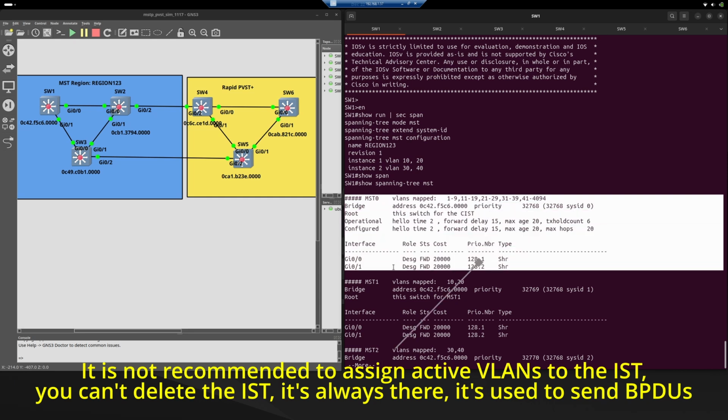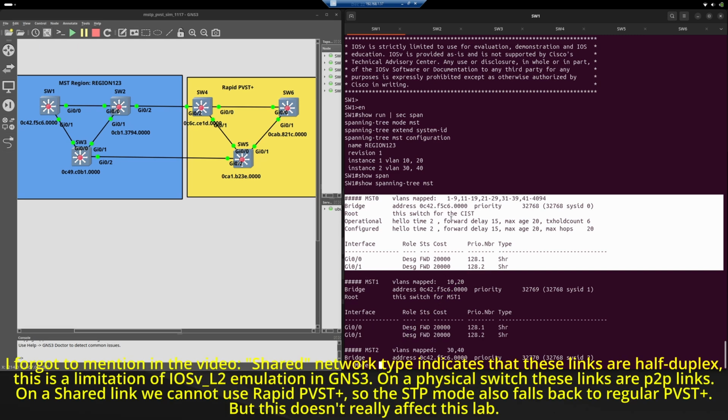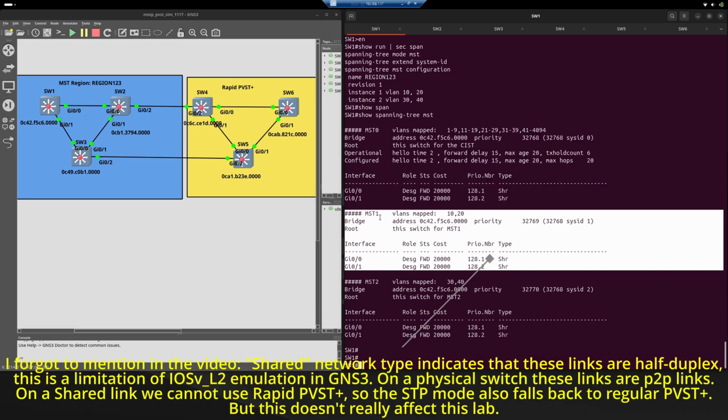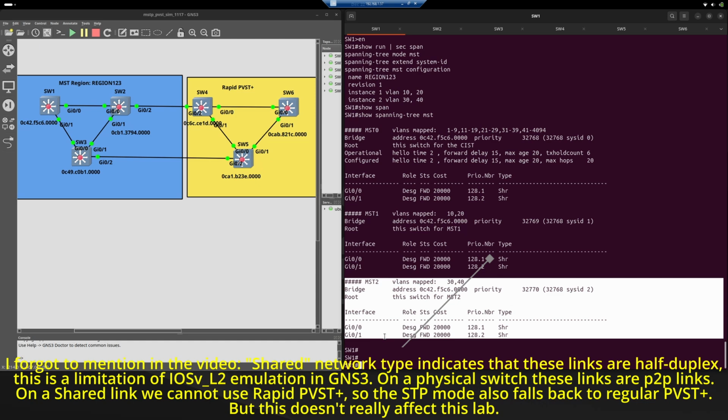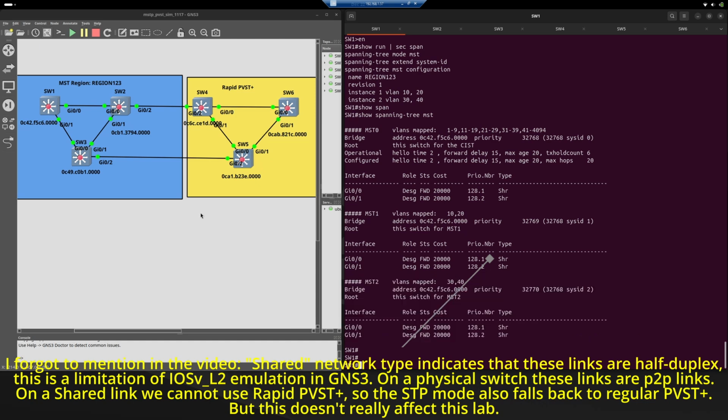Instance 0, or the IST, is mapped to VLAN 1 and every other VLANs which are not used. Instance 1 is mapped to VLAN 10 and 20, and instance 2 is mapped to VLAN 30 and 40. And we use the same VLAN to instance mapping on the other 2 switches as well, so on switch 2 and switch 3 as well.